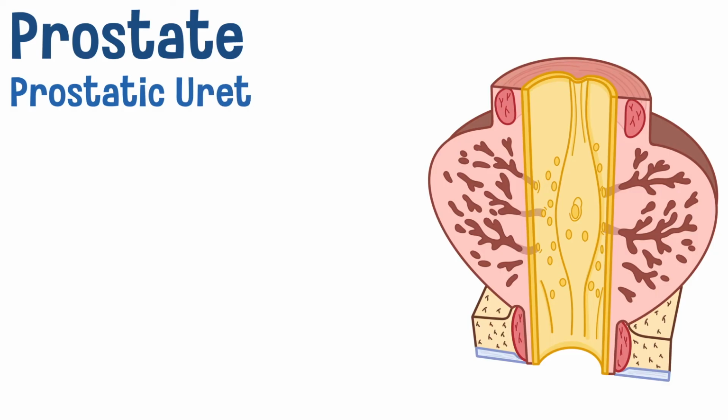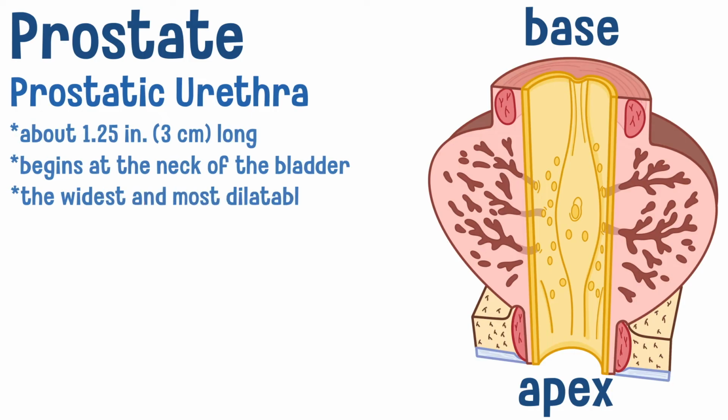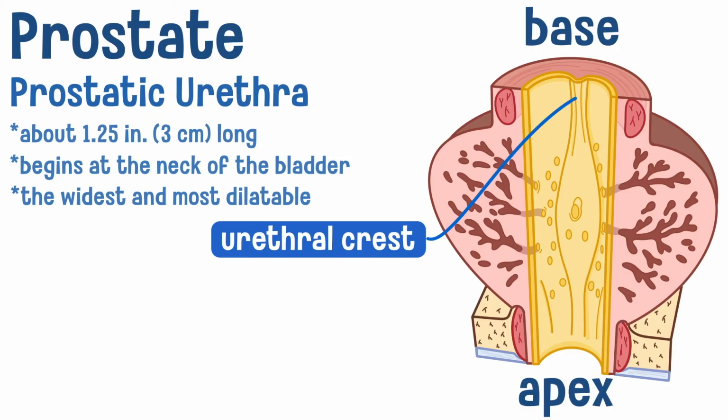The prostatic urethra is about 1.25 inch or 3 cm long, and begins at the neck of the bladder. It passes through the prostate from the base to the apex, where it becomes continuous with the membranous part of the urethra. The prostatic urethra is the widest and most dilatable portion of the entire urethra. A longitudinal ridge called the urethral crest is located on the posterior wall.